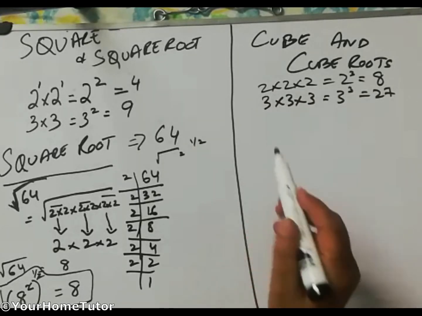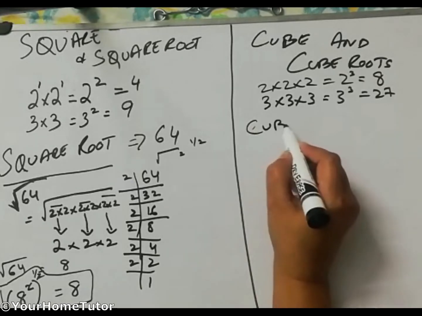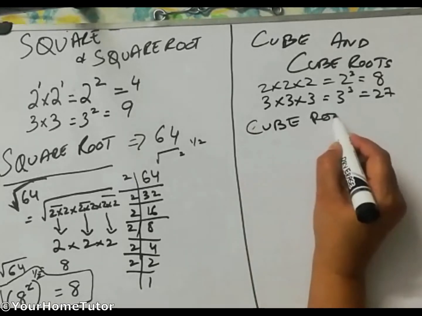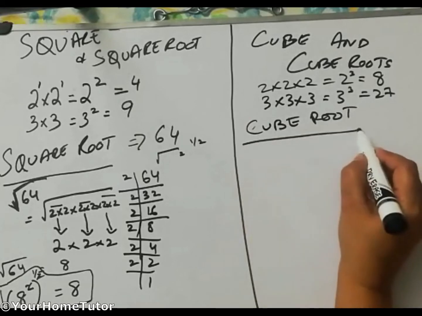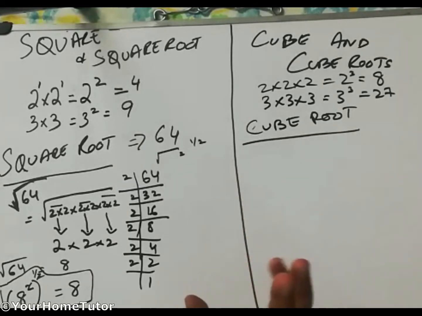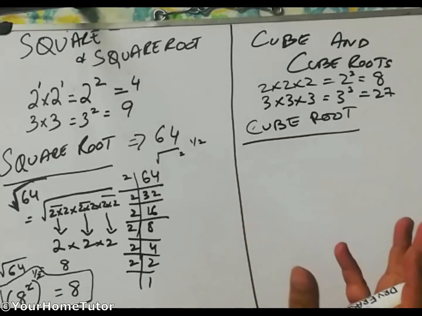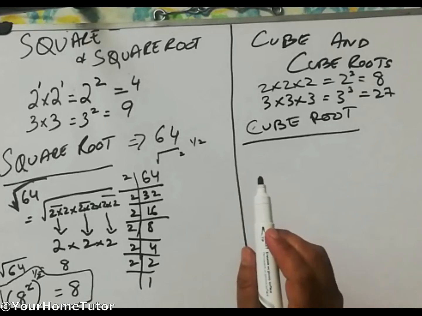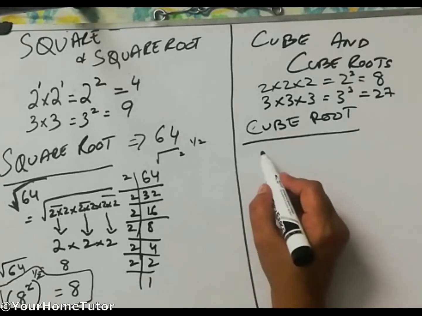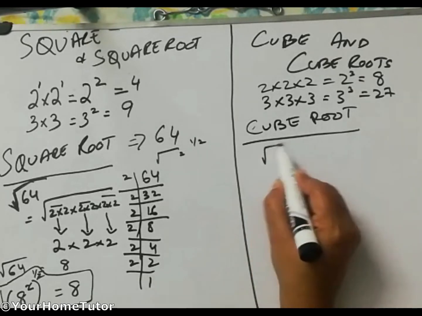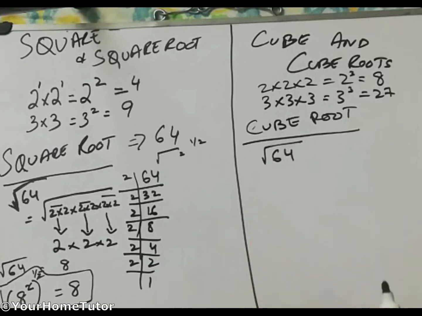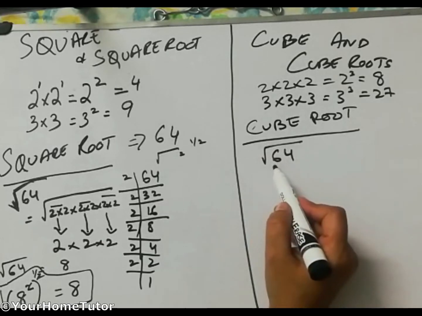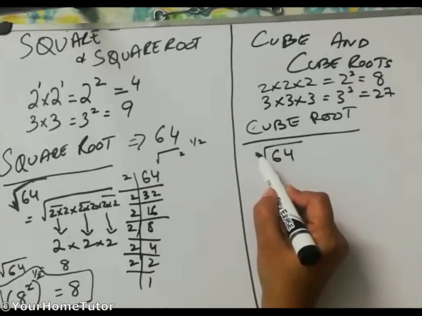But when we come to the cube root, again the method is more or less similar. We have to find the prime factors, but in that case we make groups of 3 numbers instead of 2. Suppose, in the same way, we are finding the cube root of 64. In case of cube root, we make this radical sign and write a small 3.